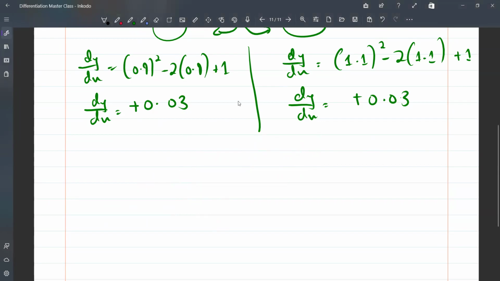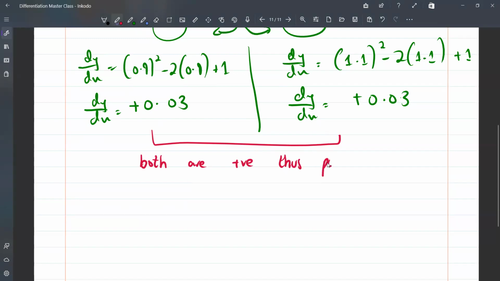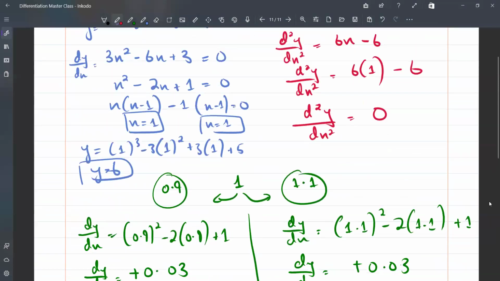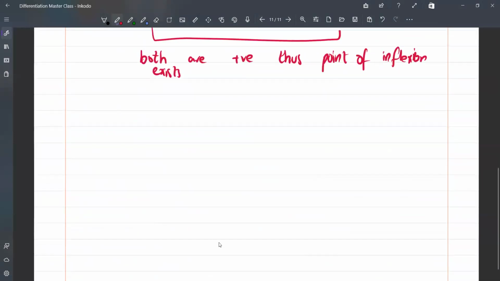We can simply write: both are positive, thus point of inflection exists. So this is how we do such type of questions. Okay, moving on.